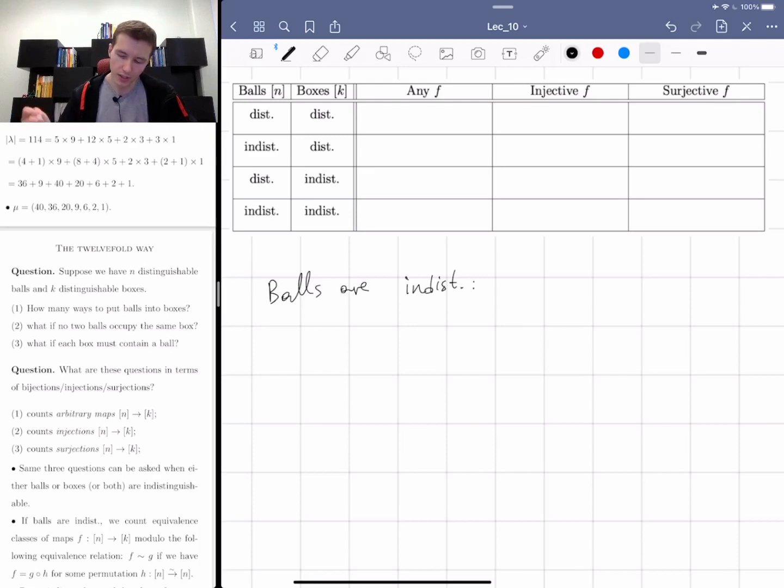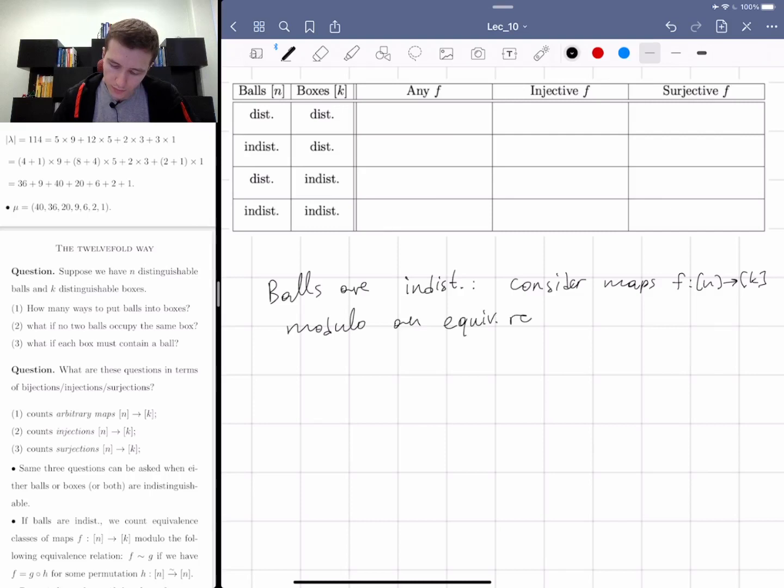That means that I'm going to consider these maps f from bracket n to bracket k modulo an equivalence relation, the relation being that I'm allowed to relabel the balls.